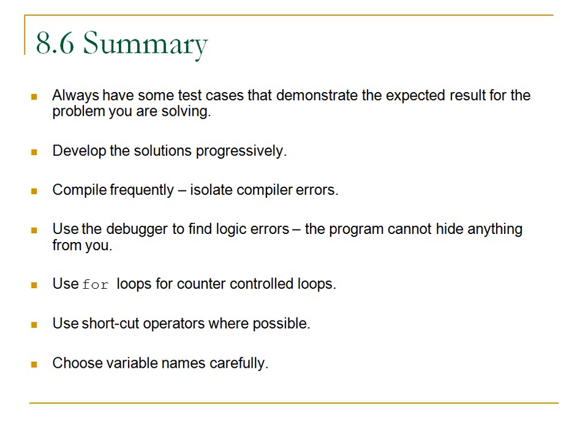Use for loops for counter control loops. That's when you know how many times the loop is going to go. Use the shortcut operators wherever possible, so the incrementers and the plus gets, the compound assignment operators. Incrementer, decrementer, compound assignment operators. Choose your variable names carefully.